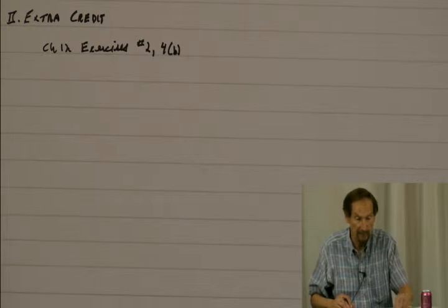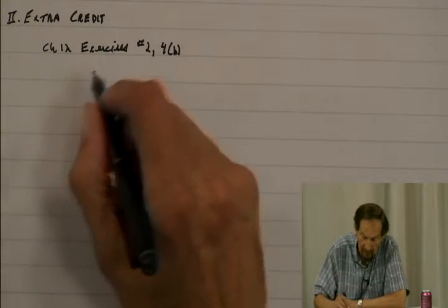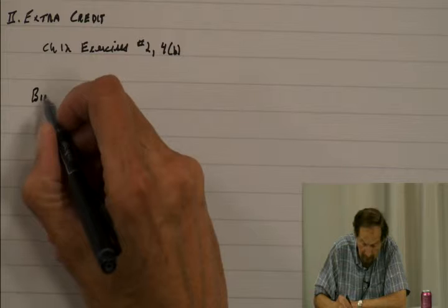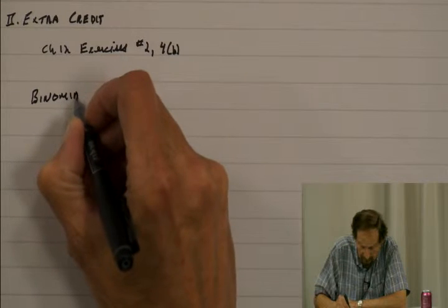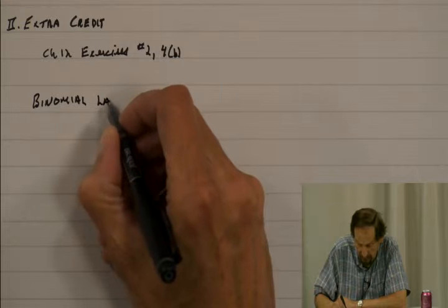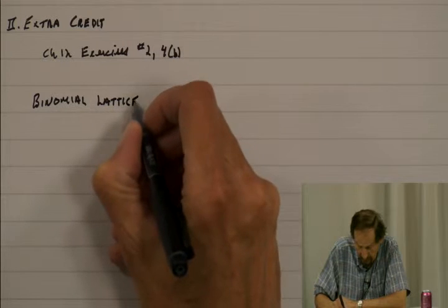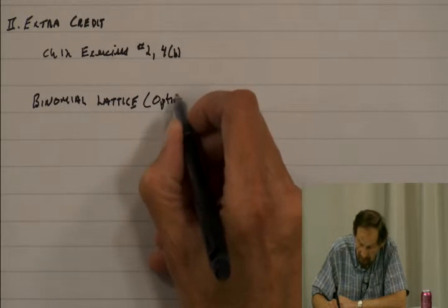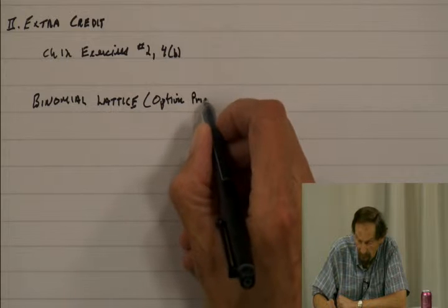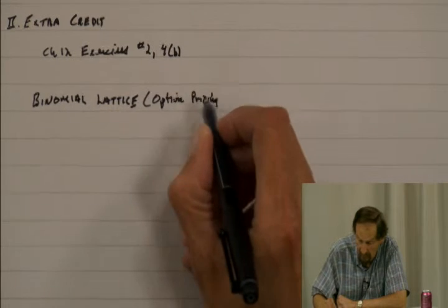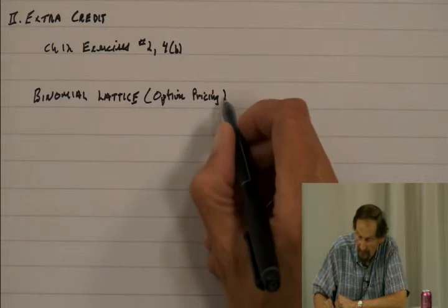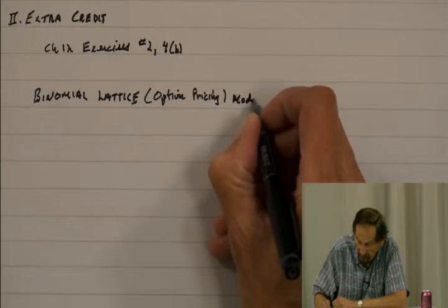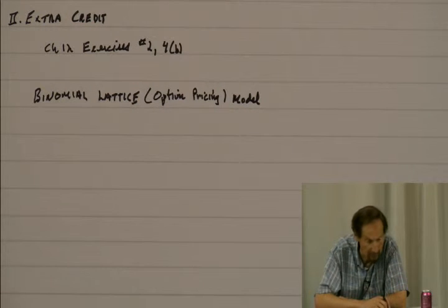Last time we were looking at the binomial lattice, and that's a binomial lattice option pricing model. We could call it a formula or anything.